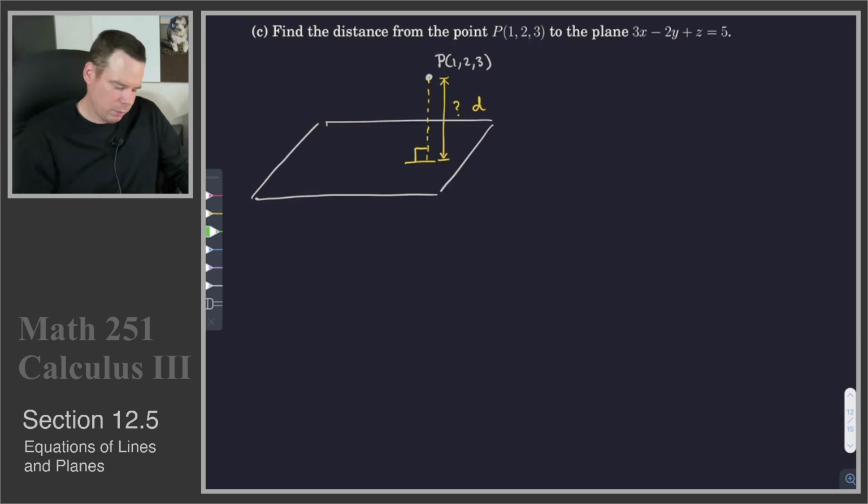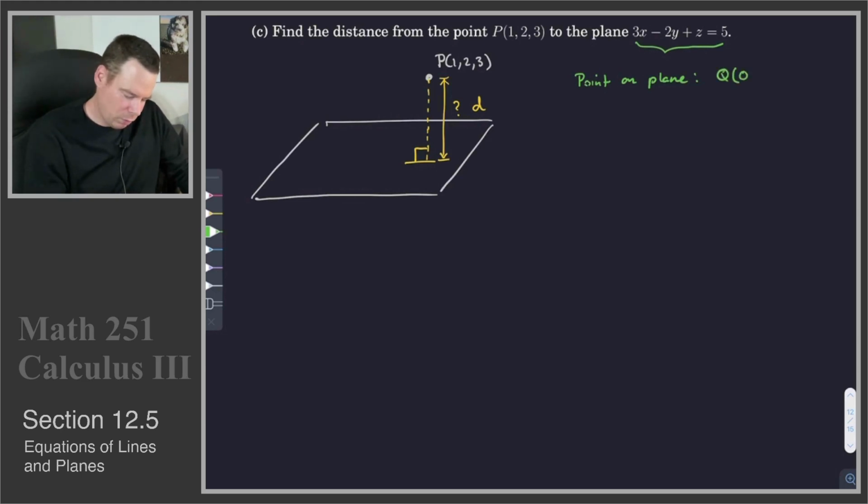Now in order to figure that out, we're going to take our equation of the plane and extract a few things from it. We're going to find a point on the plane. There are many. We really just need to find any x, y, z values that satisfy this equation. I'm going to look for the most straightforward one: if x is 0 and y is 0, then z has to be 5 to satisfy that equation.